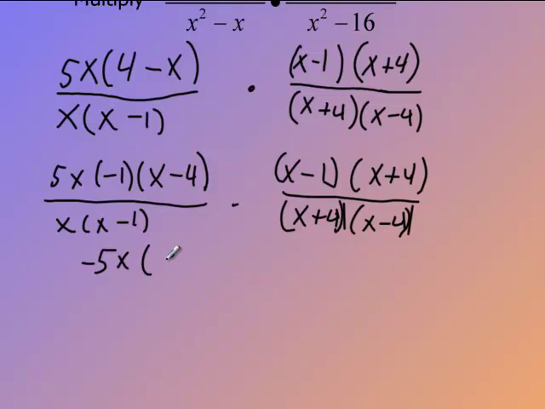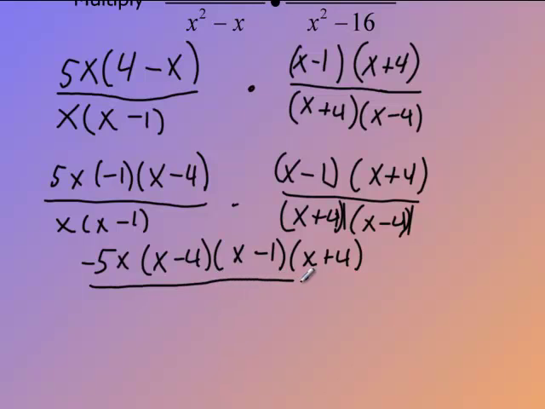So now I'm going to have x minus 4, x minus 1, x plus 4. And again, concerning that negative 5x, you could have also initially pulled out a negative 5x. Sometimes we don't always see that right away, and then we can compensate by factoring out the negative 1 later, but either way, it doesn't matter.